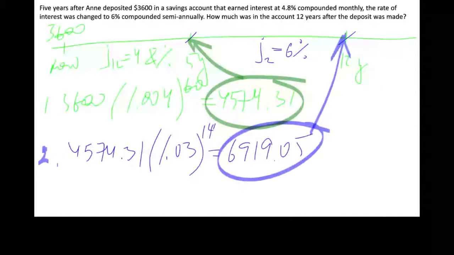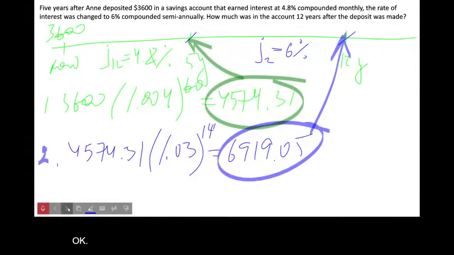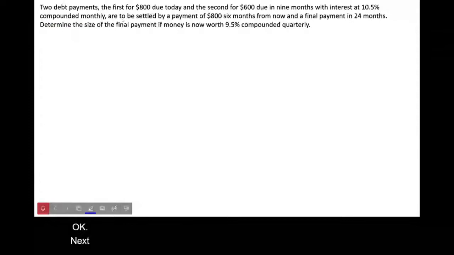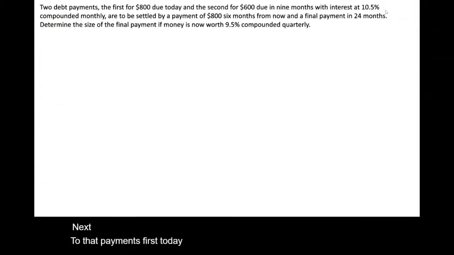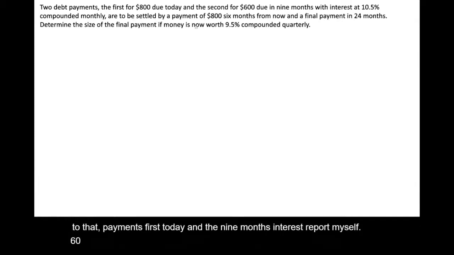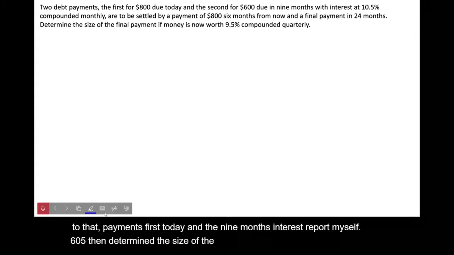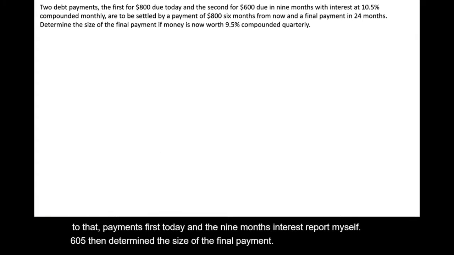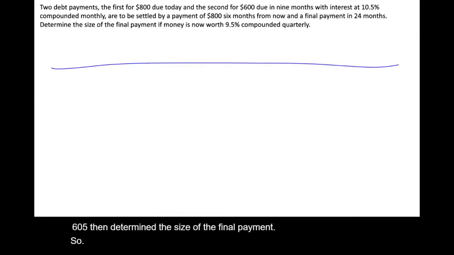Okay. Next, two debt payments, the first today and at 9 months, interest component must be set at 6%, on the final payment determine the size of the final payment. Okay, so again, now you know what?